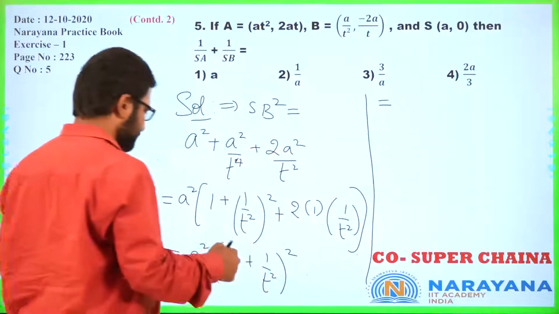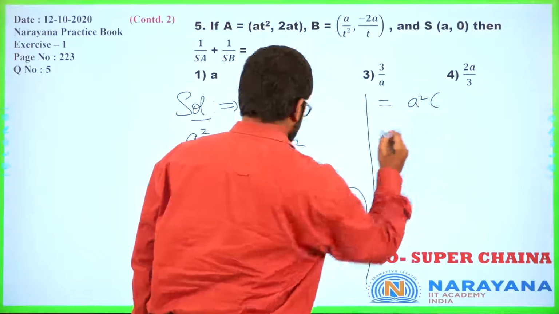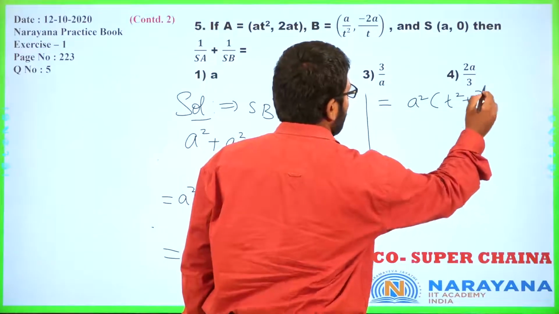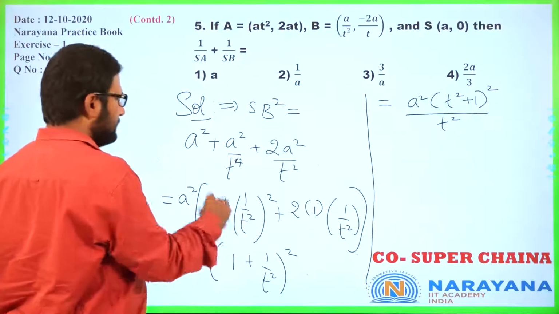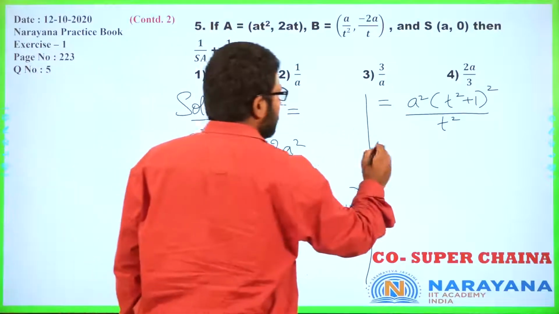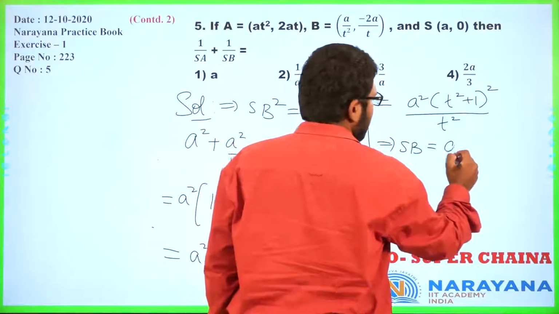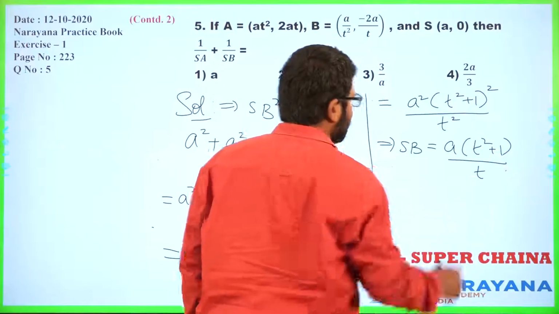So that is, cross multiply this, a square into (t² + 1) the whole square upon t square, that is SB the whole square, right? Which means SB equal to, ignore all the squares, a into (t² + 1) upon t.